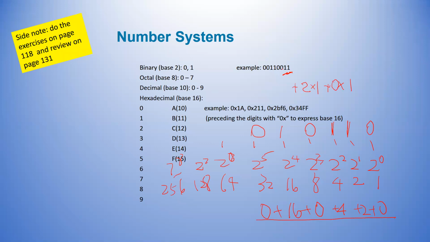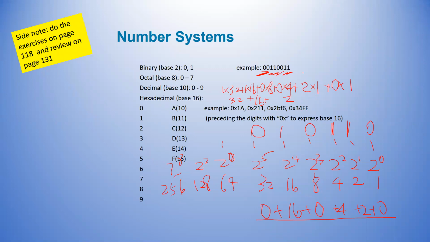And that is plus, this is a 0, so 0 times 4 gives you a 0, another 0, 0 times 8, that is a 0, and this is 1 times 16, and this is 1 times 32. And the others are all 0. When it's 0, 0 times anything is 0, right? So we have 32 plus 16 plus 0, 0, and plus 2 plus 0.